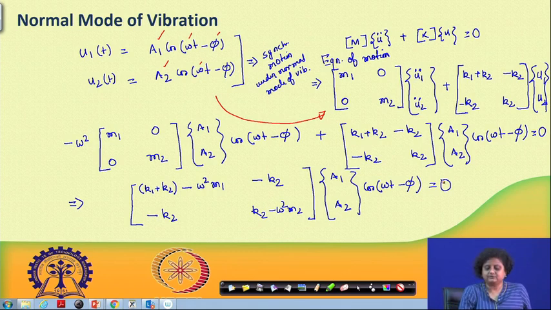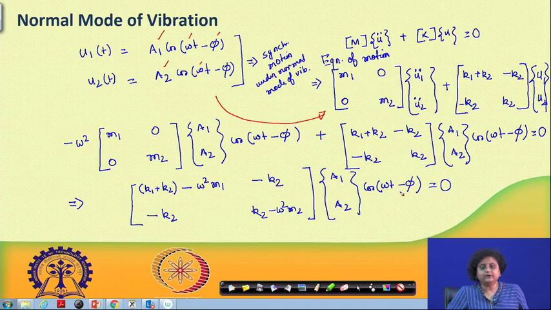So, I have just simplified the first equation into this form, where I have a matrix which has the stiffness term, the mass term and the omega square term, and I have A1 and A2, which are the two constants associated with the solution, and then cos(omega t minus phi). The right hand side is equal to 0, since we have considered a free vibration case.